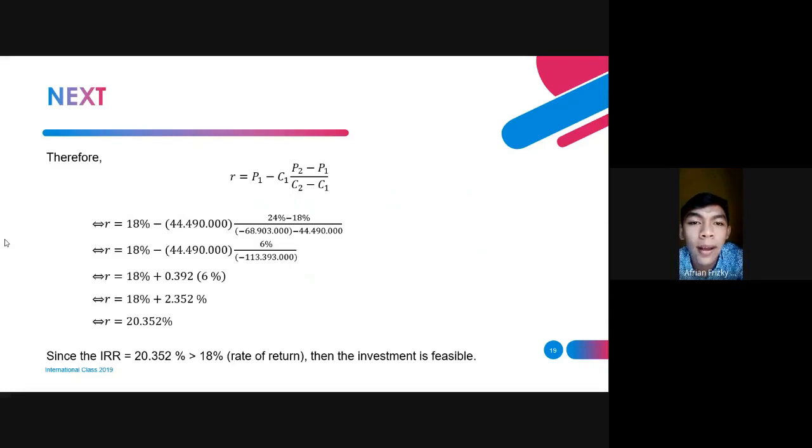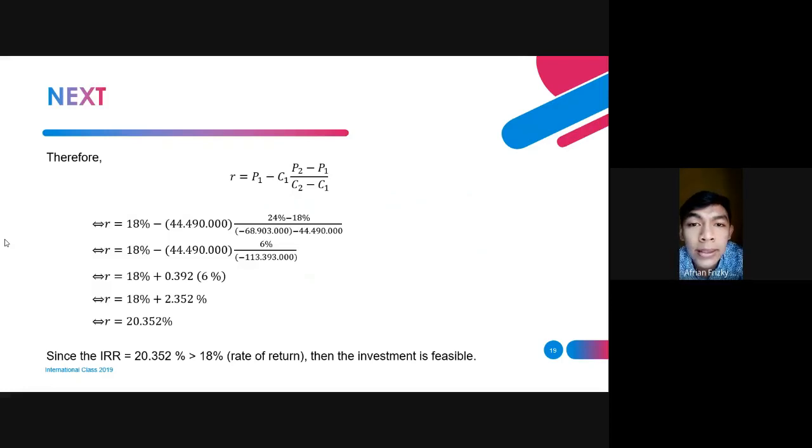Therefore, we get r: P1 is 18% and C1, or NPV1, is 44 million and 490,000 rupiah.